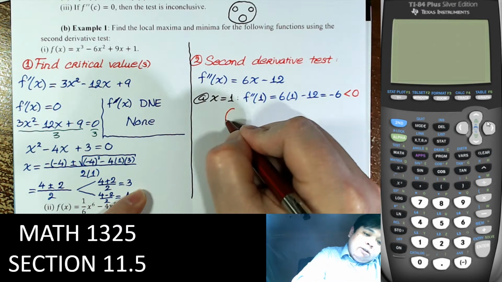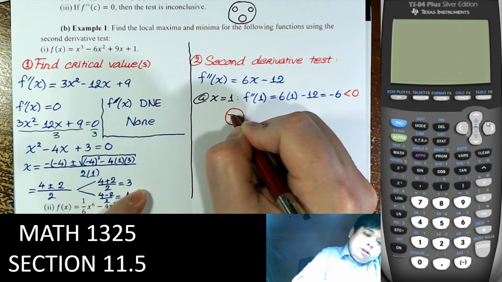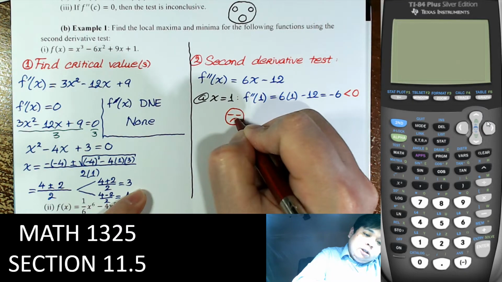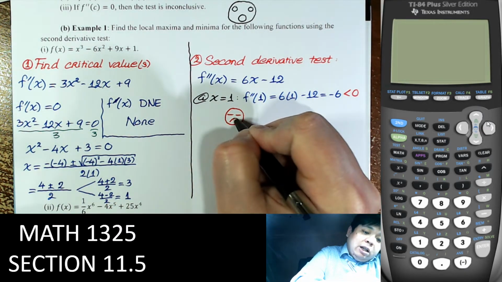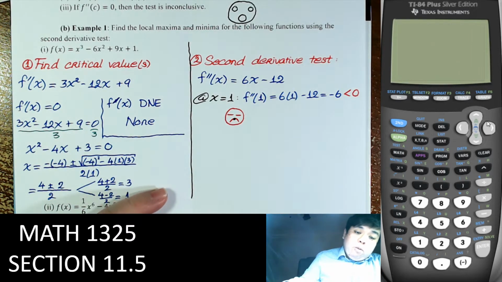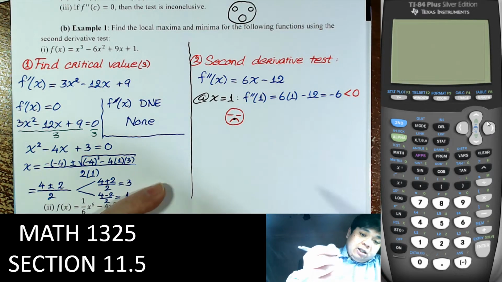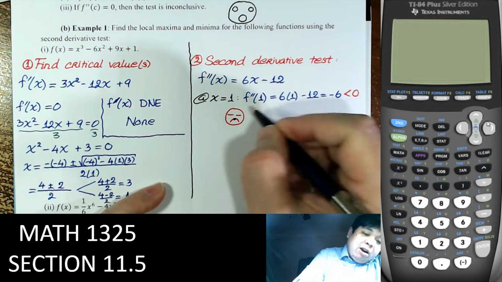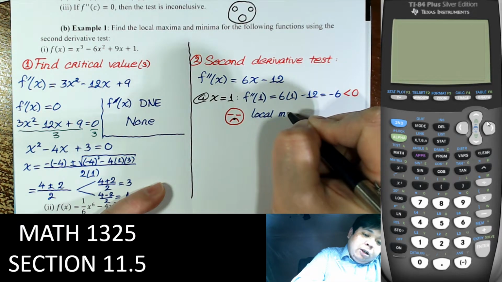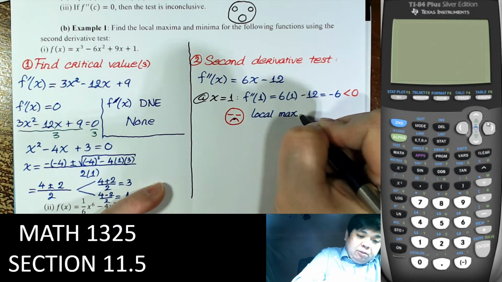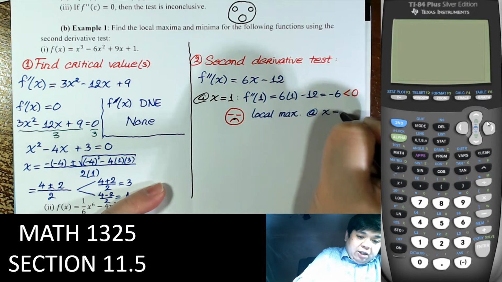It opens down, so that's concave down, so that's a local maximum at x equal to 1, where the second derivative is negative 6.